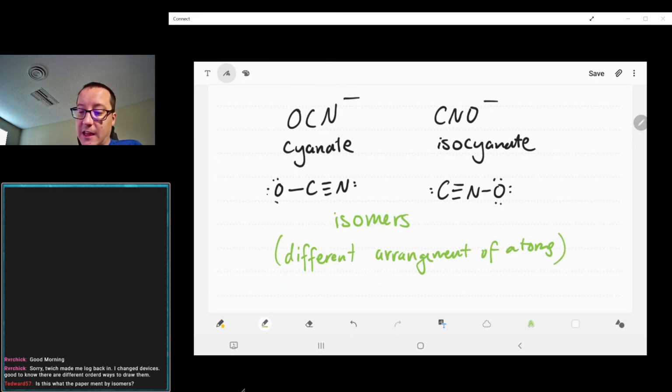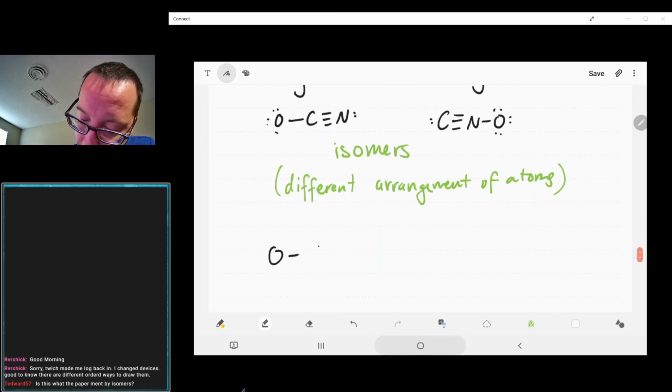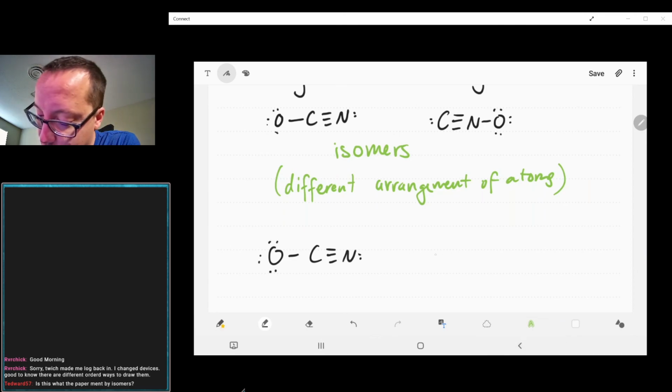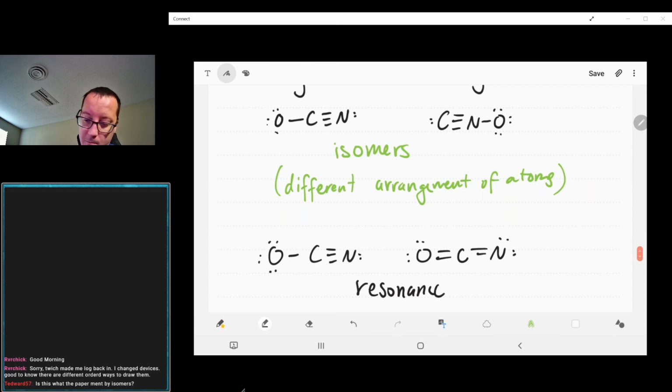Whereas if we were to draw a resonance structure of the cyanate, here I'll redraw the cyanate. A resonance structure of it might be something like this. This would be a resonance form, where we have the same order of atoms, the same arrangement, but we've just shifted some bonds around.